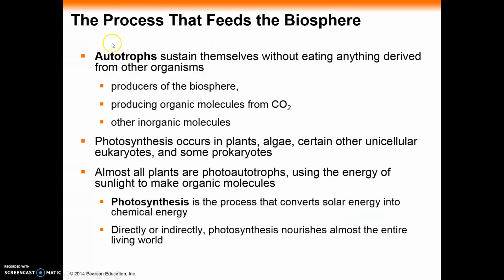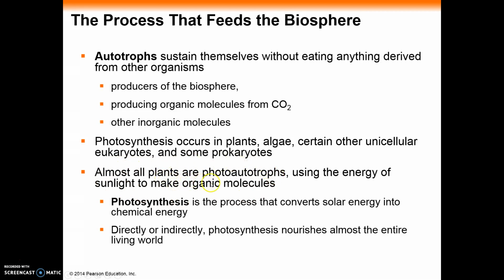Something to understand is that plants are known as autotrophs because they sustain themselves without eating anything else. So they are the primary producers in the biosphere. They get organic molecules directly from CO2 and taking things from the environment. Photosynthesis occurs in plants, algae, particular unicellular eukaryotes that aren't called algae, and also a lot of prokaryotes are capable of photosynthesis.